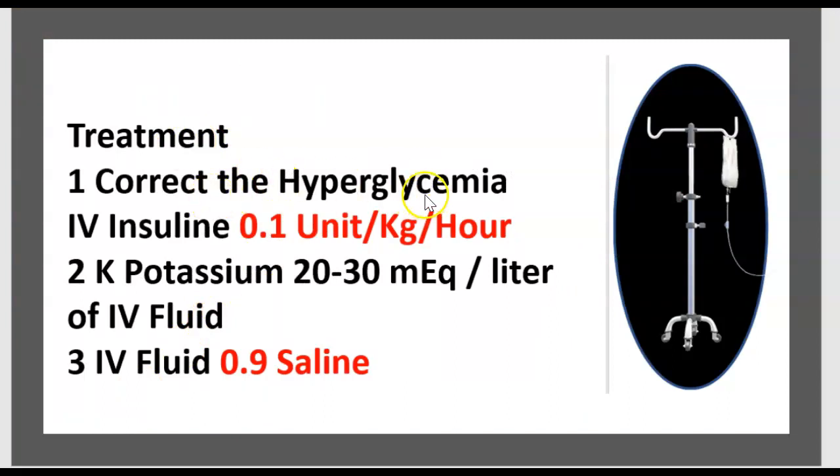Treatment: correct the hyperglycemia with intravenous insulin 0.1 unit per kilo per hour, potassium 20 to 30 milliequivalents per liter, and the intravenous fluid is 0.9% saline.